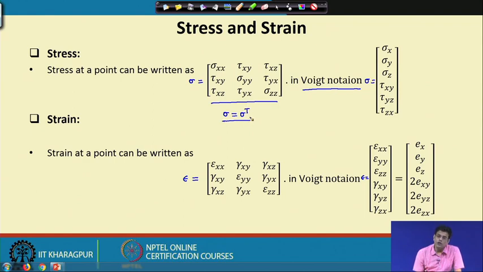Right now we know the stress, strain, and probably also you have learned the strain displacement relation, which is half of del u plus del u transpose. This del u is the displacement gradient, and half of this plus del u transpose is known as the strain.